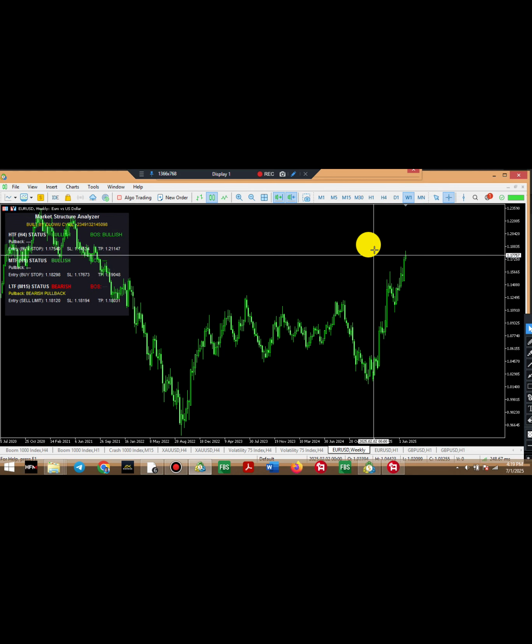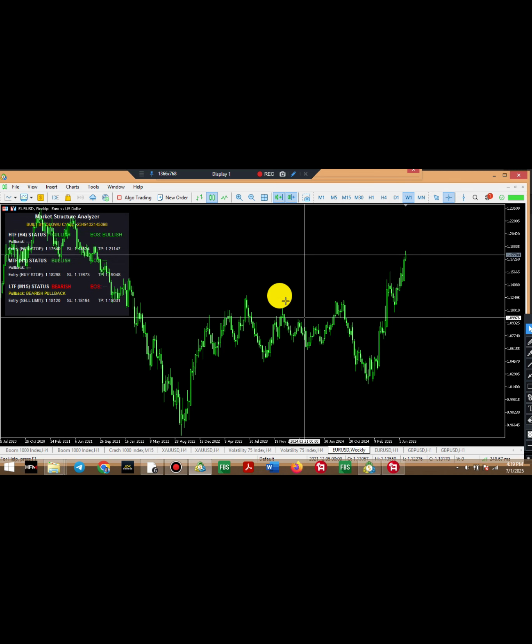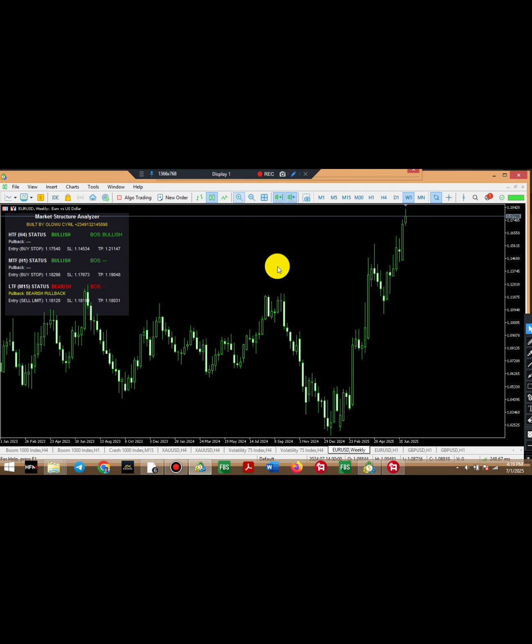So there's a possibility of winning this trade again. That means after winning the H1, you can still win this H4 entry, from the look of things.